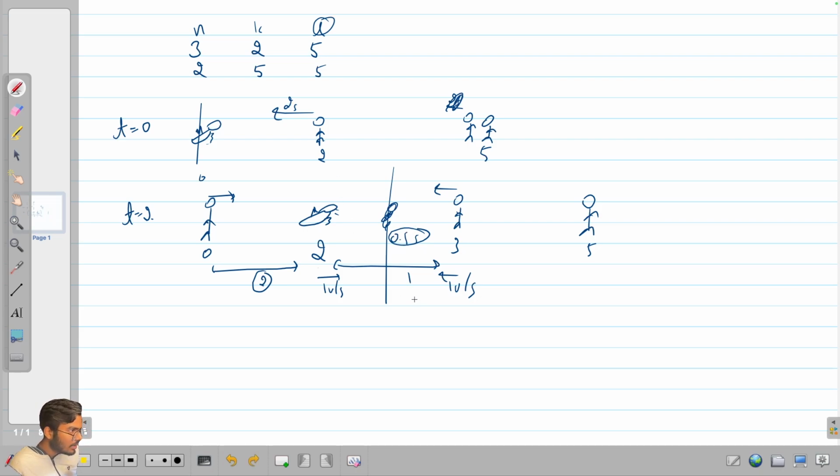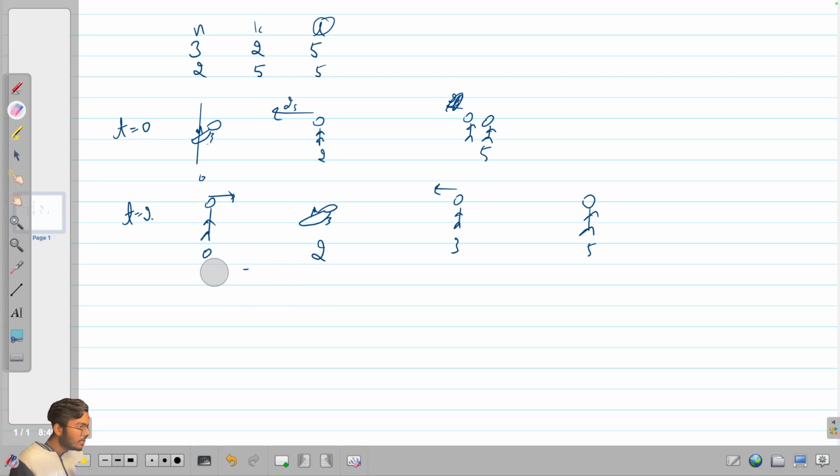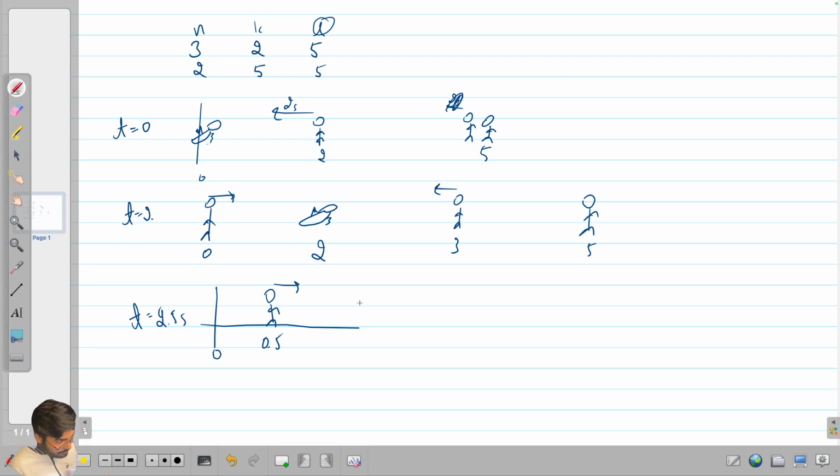So let's say at t equals 0.5, let me just erase it, so I don't really need it right now. Okay, so let's say at t equals 2.5 seconds, what will happen is we will have the 0th position, this is the 0.5, we have one scarecrow currently going more right.